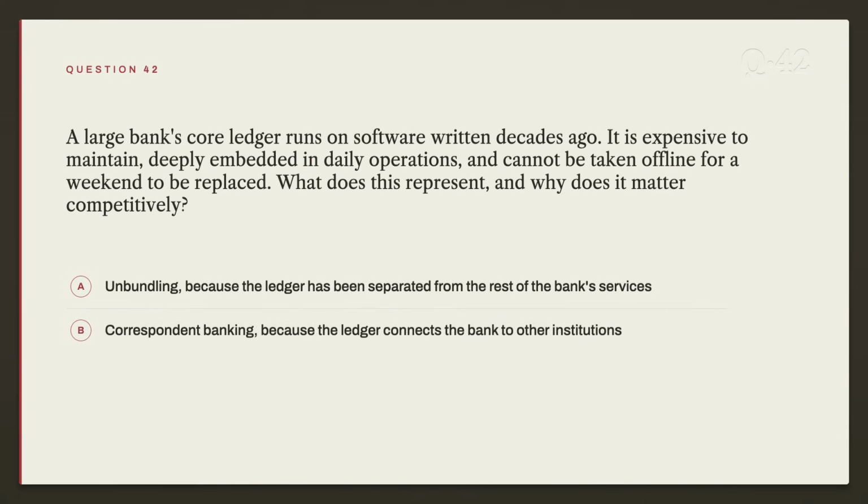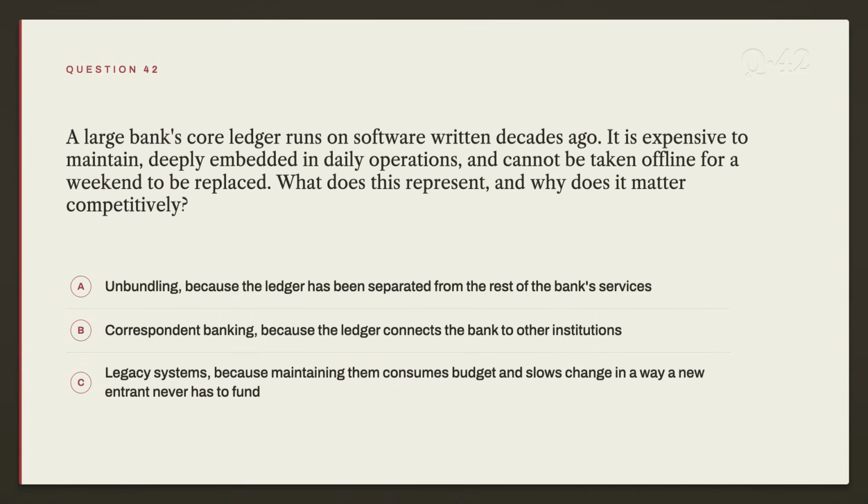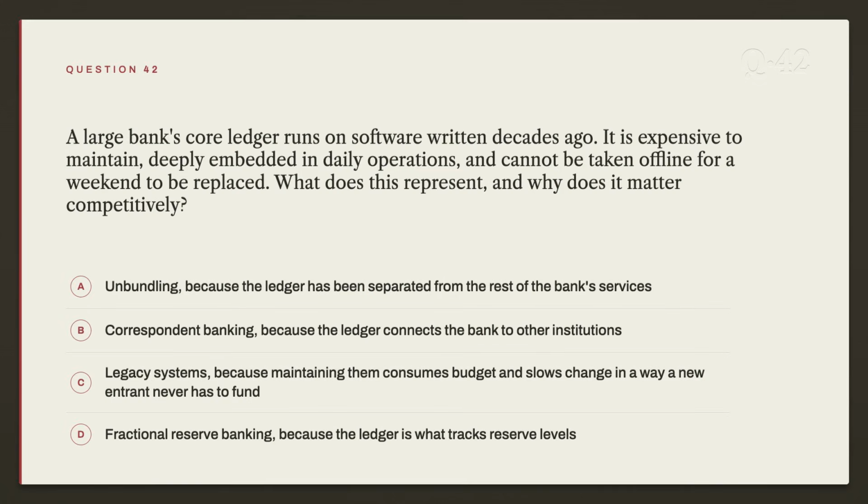B. Correspondent banking, because the ledger connects the bank to other institutions. C. Legacy systems, because maintaining them consumes budget and slows change in a way a new entrant never has to fund. D. Fractional reserve banking, because the ledger is what tracks reserve levels. Take a second. Which answer would you pick?